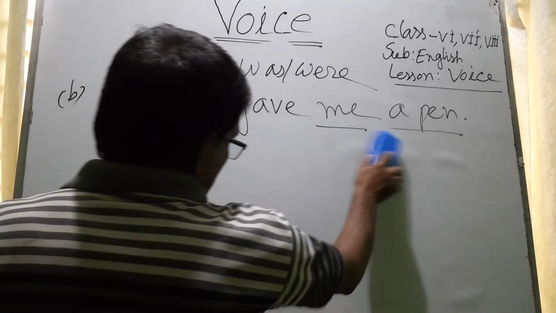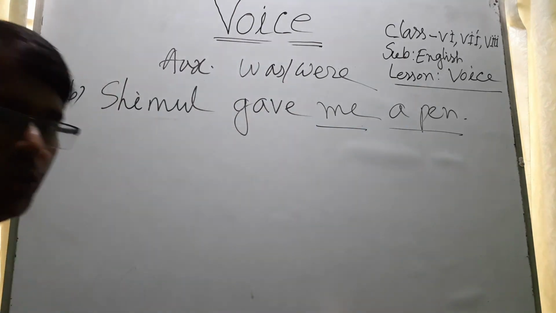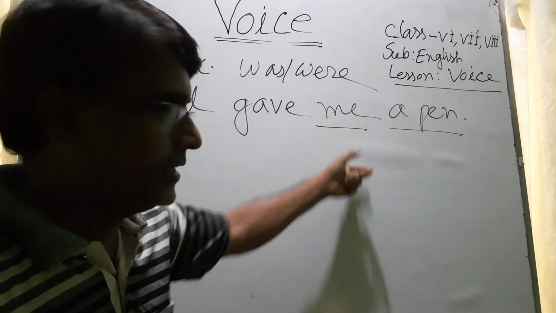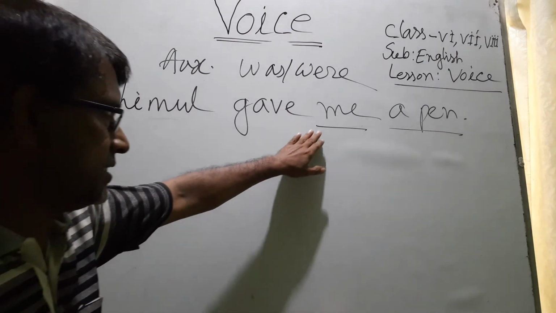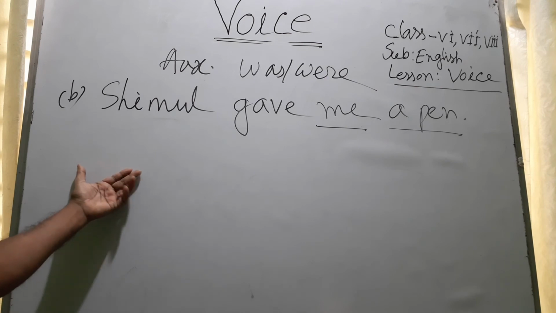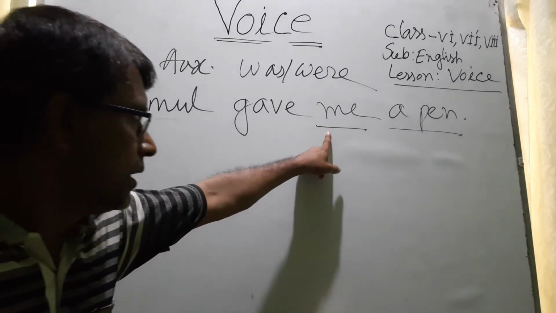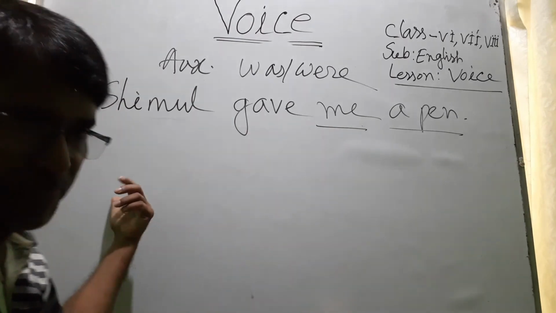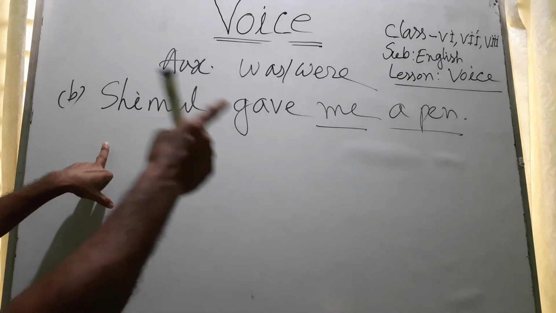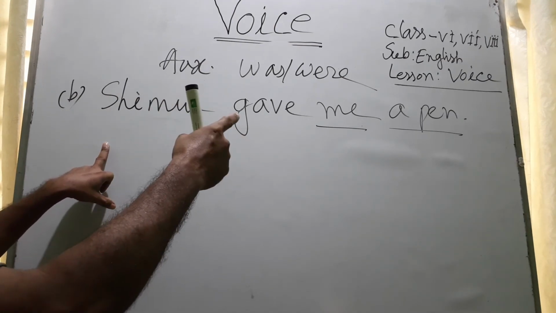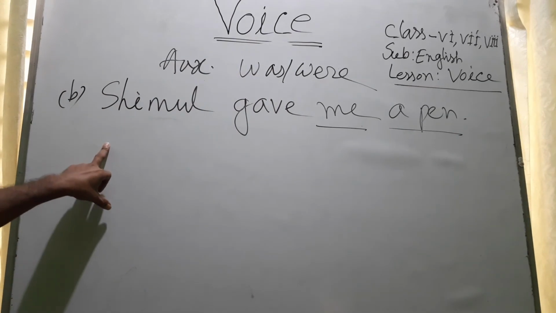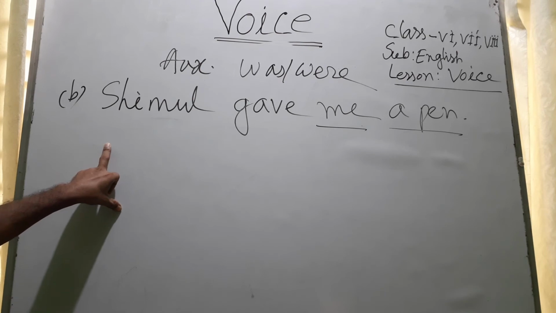You can choose any object from this sentence, but if you write the person as subject, then the other object, a pen, you should write after the main verb.